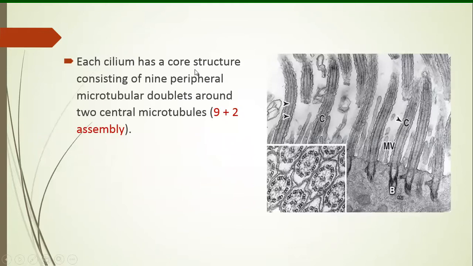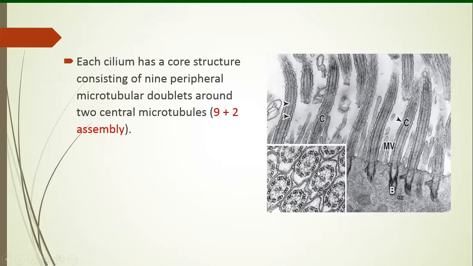Each cilium has a core structure consisting of 9 peripheral microtubular doublets around 2 central microtubules, which constitute the 9 plus 2 assembly. As we see here on the right side, we have an image taken by electron microscopy. On the lower left corner, we have a cross section through the cilia, and we notice that in the core of each cilium we have 9 doublets of microtubules surrounding a central pair of microtubules.